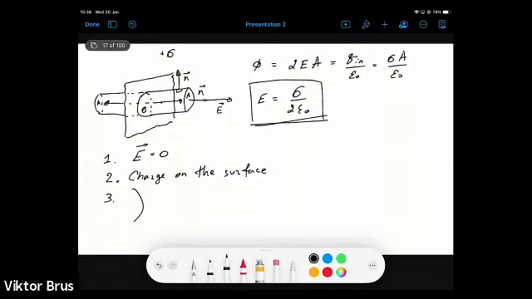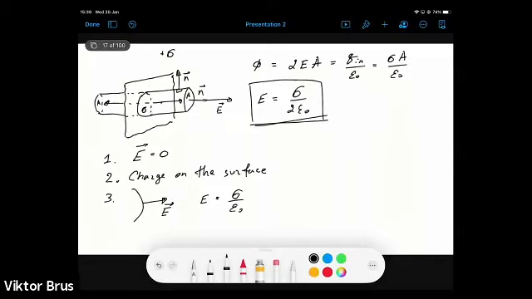So if we have some surface of an electrical conductor which is charged and stays in electrostatic equilibrium, then the electric field vector is always perpendicular to its surface, close to its surface, and its magnitude is sigma divided by epsilon 0.